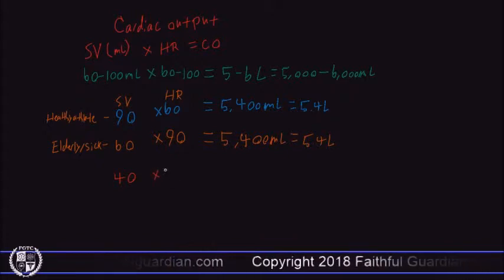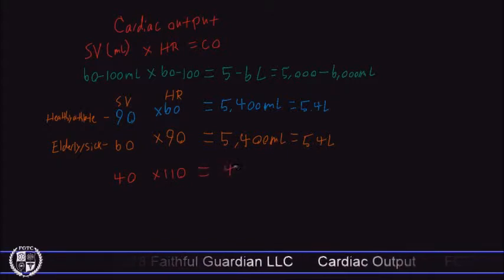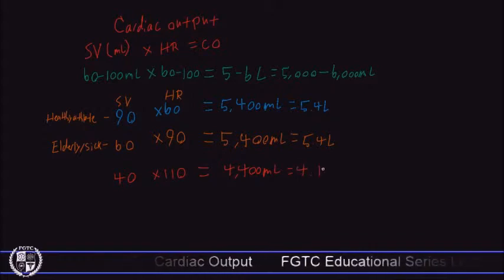So let's say they have a heart rate of 110 on the cardiac monitor, which is going to throw them into sinus tach. So you wind up with a cardiac output of 4,400 milliliters, which does not fall within those acceptable parameters.